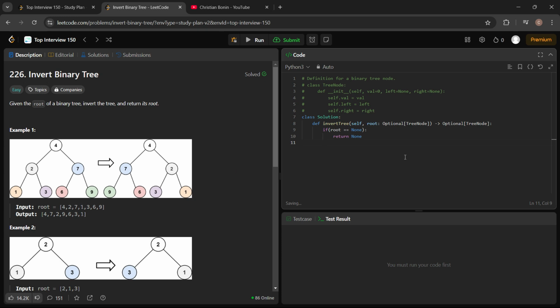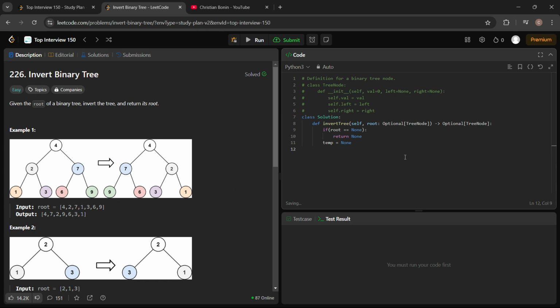And then what we're going to do is we're going to make a temporary variable to hold the value of the left side while we swap the left and the right side. And this is just going to be the nodes. We're going to swap the entire node.